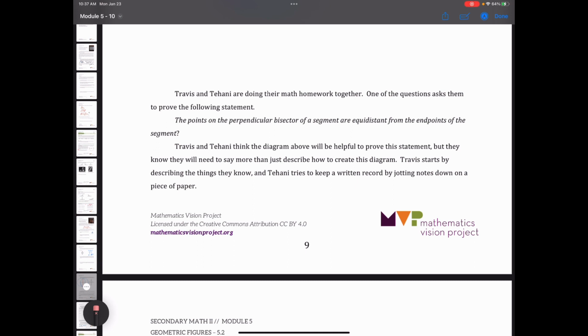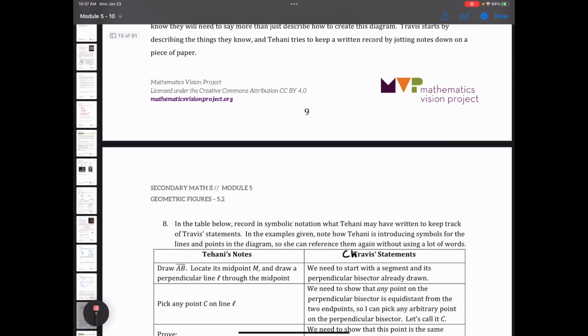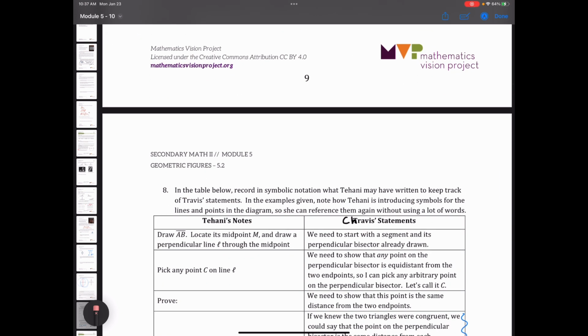Travis starts by describing the things they know, and Tahani tries to keep a written record by jotting notes down on a piece of paper. So, Travis is explaining stuff, and Tahani is trying to make this in shorthand as well. So, we're going to, in number 8, record the symbolic notation of what Tahani may have written to try to keep track of Travis's statements.